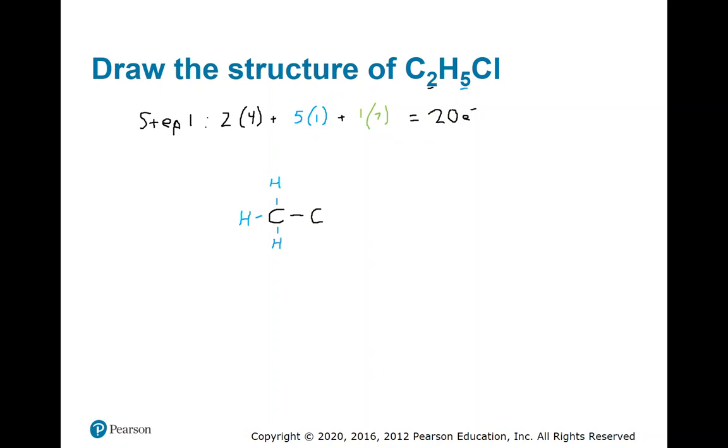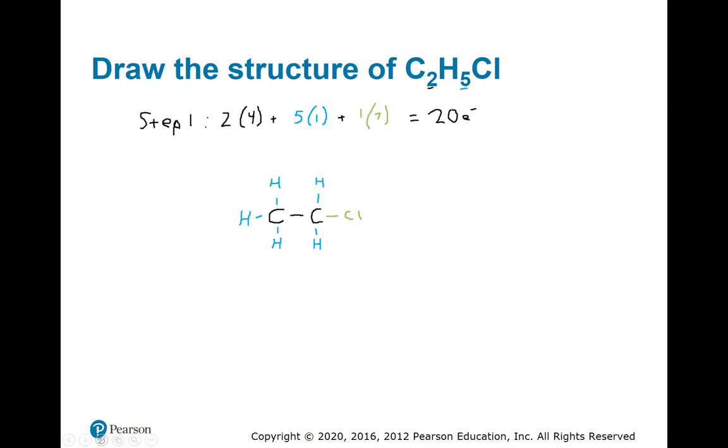So 3 hydrogens on that carbon, and if this was ethane, we'd have 3 hydrogens on the rightmost carbon too, but notice we only have 5 hydrogens and 1 chlorine here. So we're going to replace one of these carbon-hydrogen single bonds with a carbon-chlorine single bond. And so something like this is going to be the best structure for C2H5Cl.